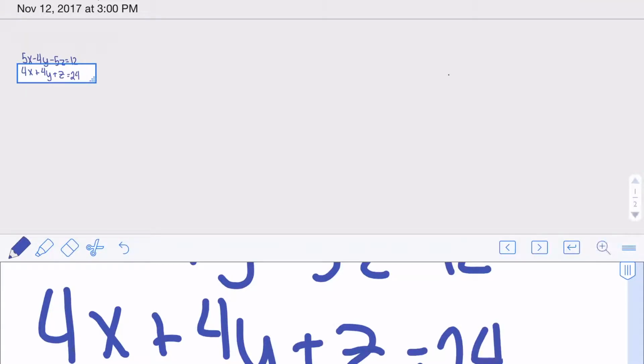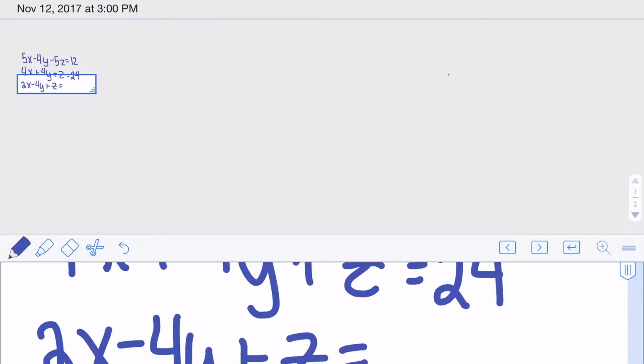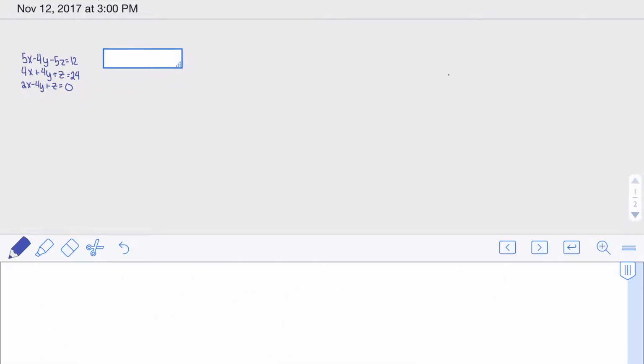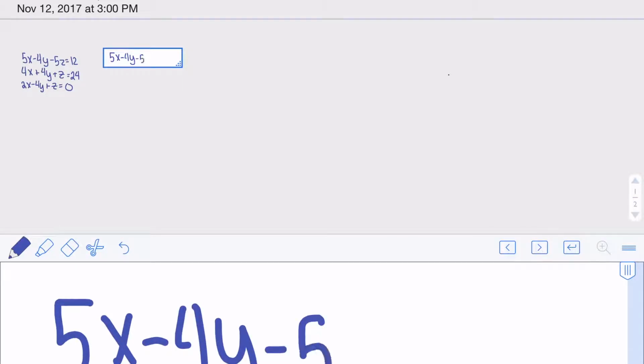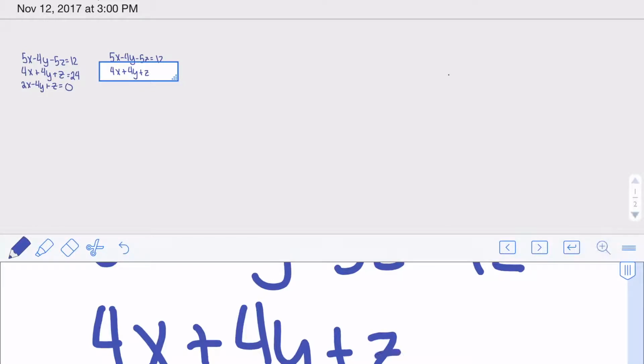The two equations that I chose to solve for a variable first are the first two equations, 5x minus 4y minus 5z equals 12, and 4x plus 4y plus z equals 24. As you can see, the 4y's in the first equation and the second equation cancel out because one is a negative and one is a positive, making it equal to 0.